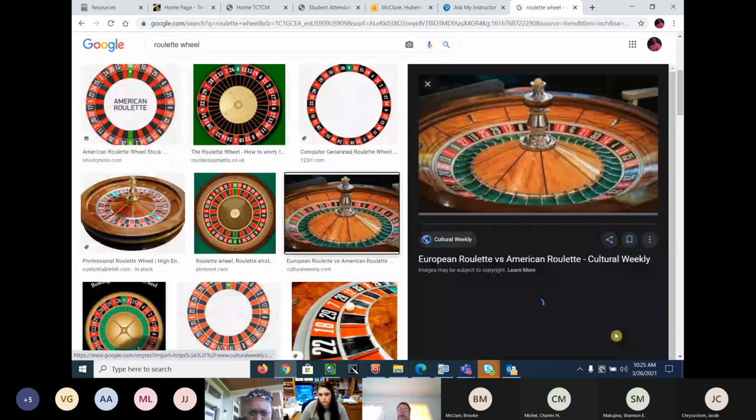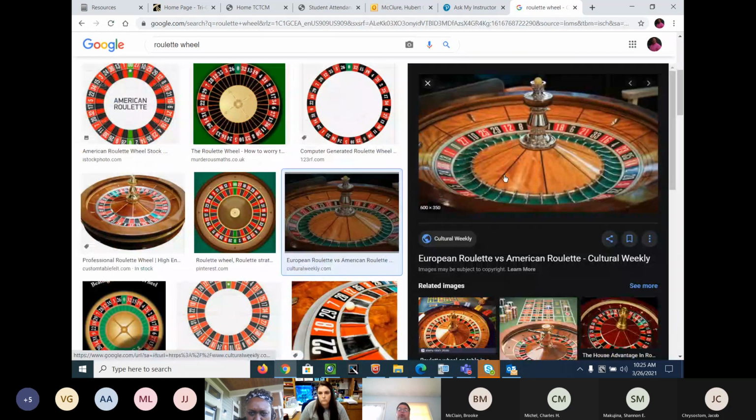You throw the marble around clockwise, and then you spin the wheel counterclockwise, or vice versa, and you wait until gravity takes over, and the marble falls into one of those slots. So, do we have an 8 up here? There's 8 right there, black 8. Everybody see black 8?